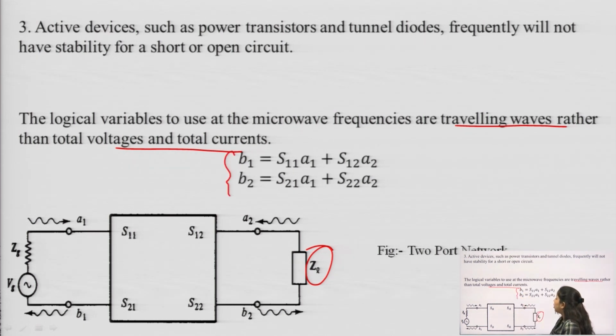When we write the output, B1 is equal to S11 A1 plus S12 A2, and B2 is equal to S21 A1 plus S22 A2. This is the general expression for representing the S parameters.